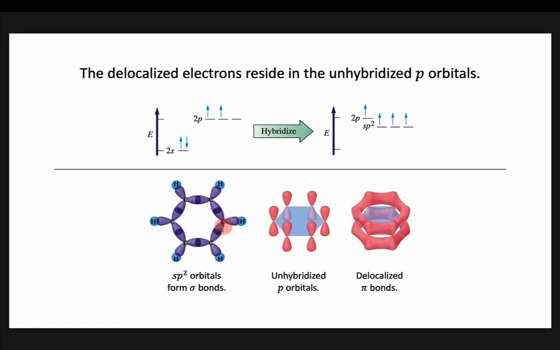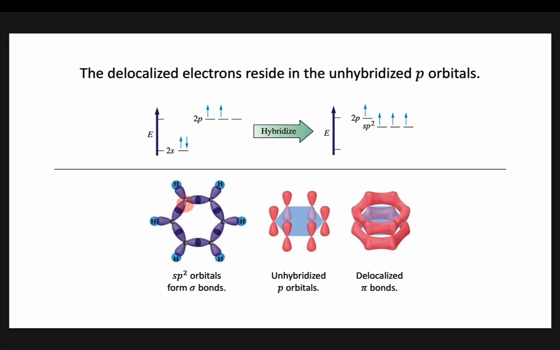The first image is only showing the sigma bonds in the benzene molecule. And so the first image is only showing the sp2 orbitals in the carbon atoms. Okay, so we can see our carbon atom has its sp2 orbitals. And by overlapping its sp2 orbitals with neighboring atoms, it's able to pair up the unpaired electrons in its sp2 orbital.